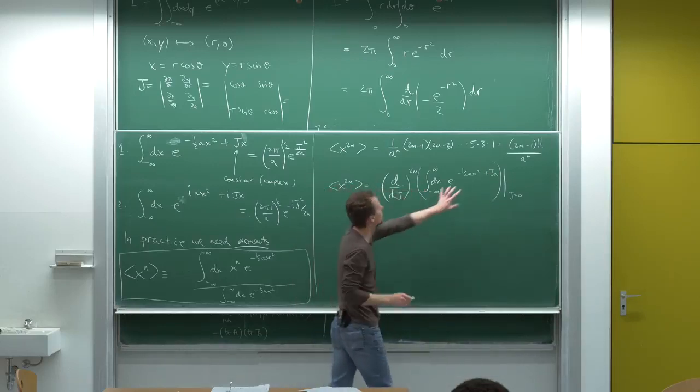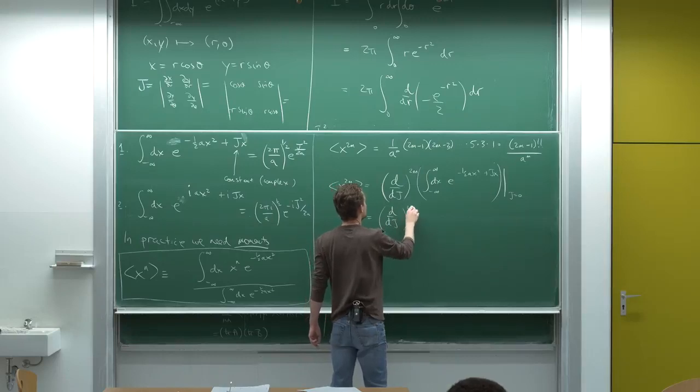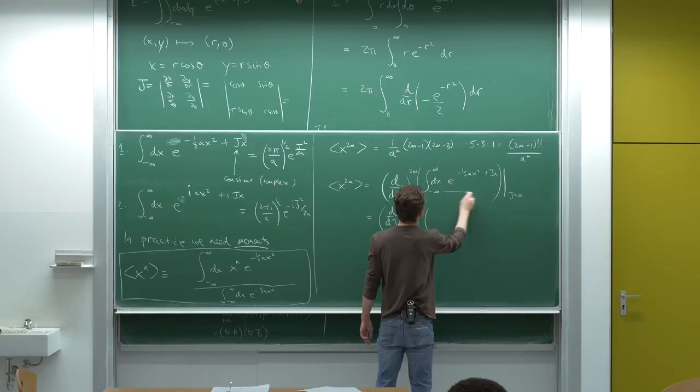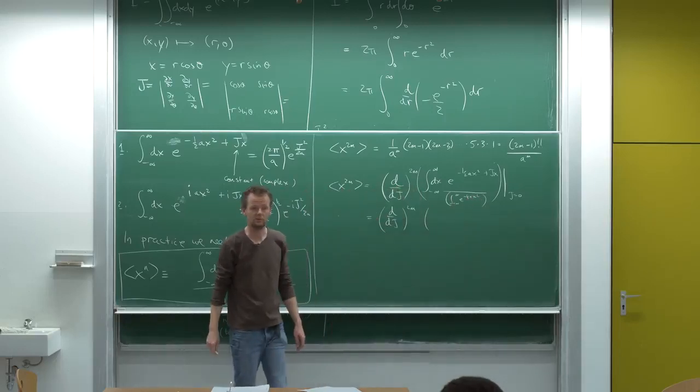Because we know what that integral is. We've already done it. Oh, and I've forgotten the normalization. Apologies. But this normalization doesn't depend on j, so it plays no role in this calculation.